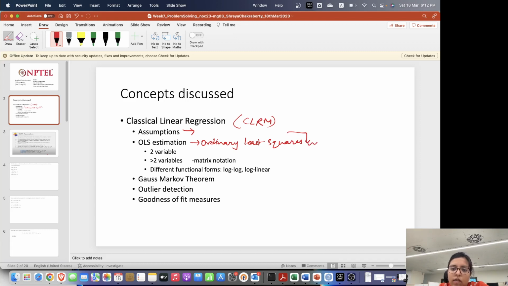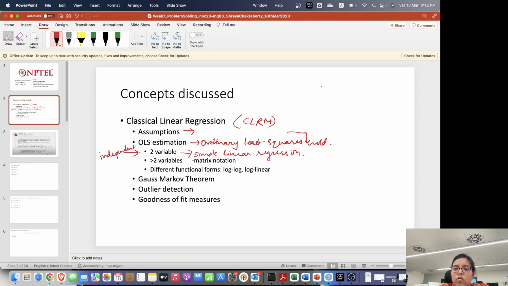And we also got to know how we should fit a model when we have two variables, which boils down to a case of simple linear regression. Variables here means independent variables.